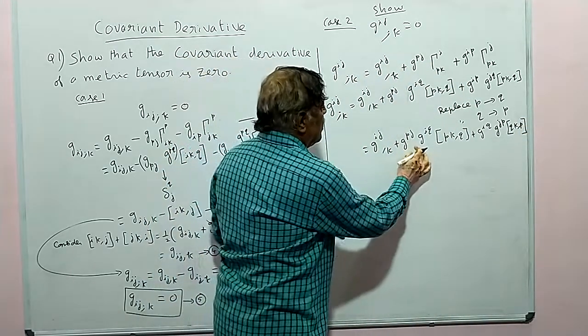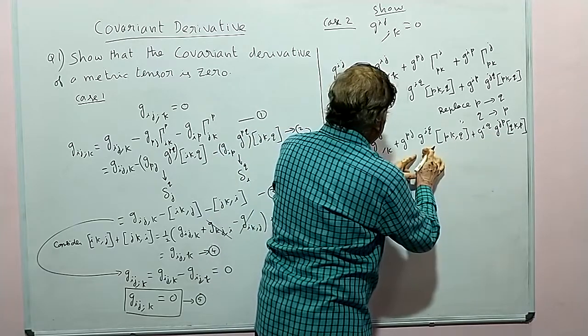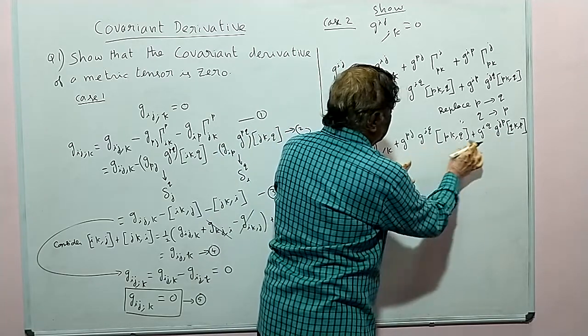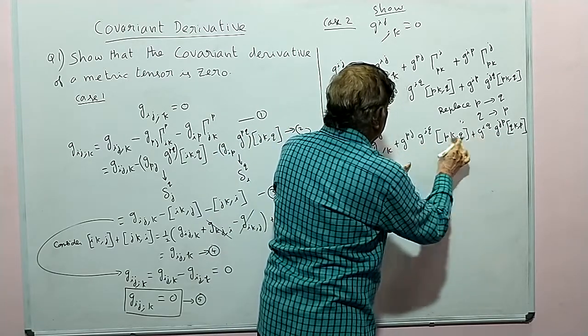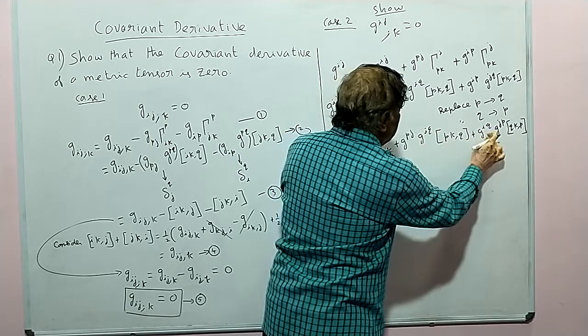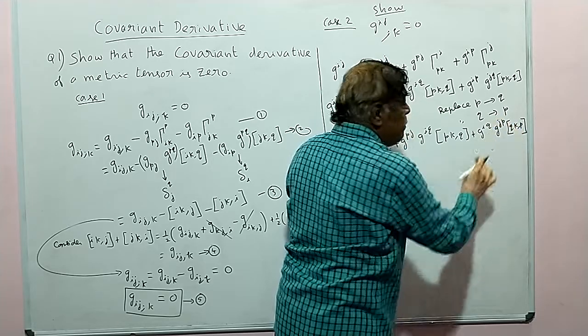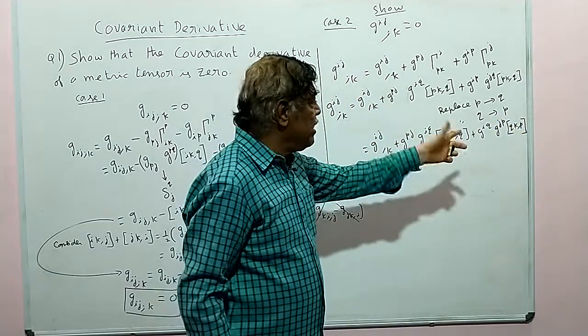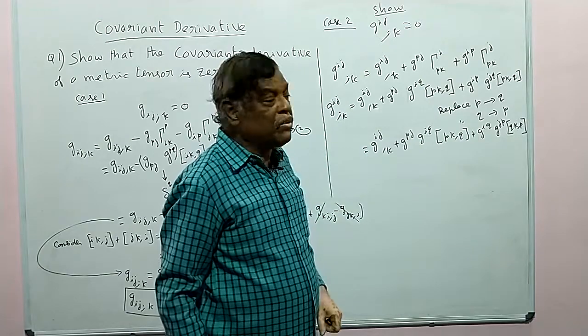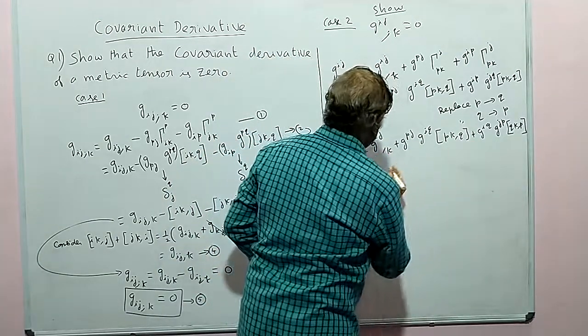Now if you take the second and third terms, g^{iq} g^{pj}: this is symmetric. See, g^{jp} or g^{pj}, they are equal because they are symmetric with respect to the indices. So this is a common term.